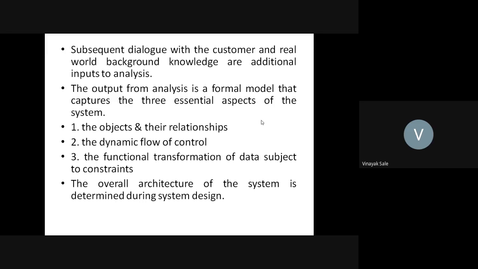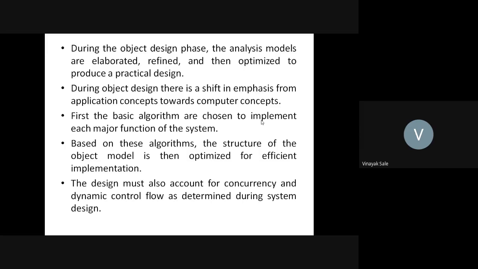The overall architecture of the system is determined during the system design. During the object design phase, the analysis model is elaborated, refined, and then optimized to produce a practical design. During the object design, there is a shift in emphasis from the application concepts toward the computer concepts.